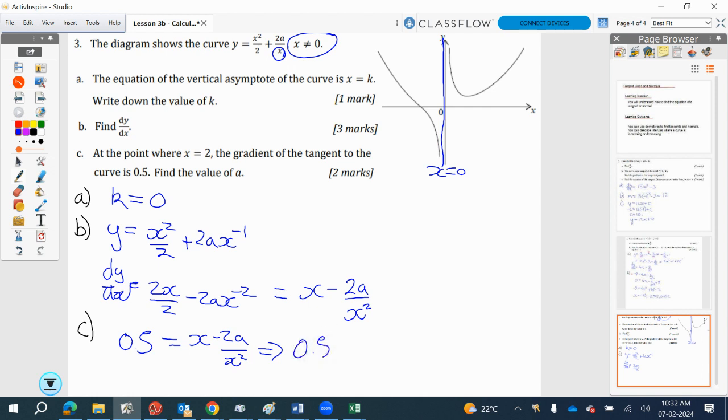So 0.5 equals 2 minus 2a over 2 squared. And then, yeah, you solve. There's only going to be one answer here on this one. I can see this now. a equals 3. I can see this because the variable is a, and obviously that's just a linear equation.